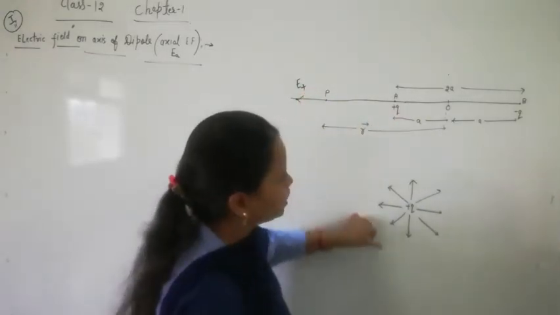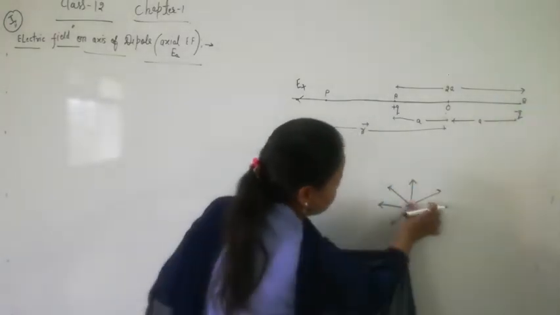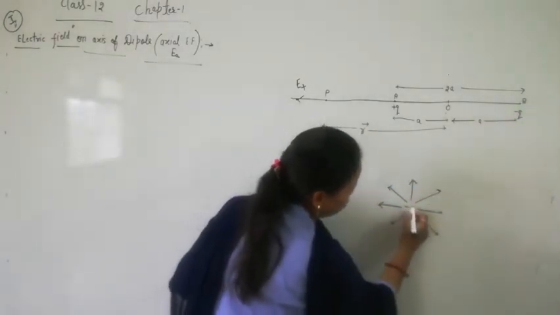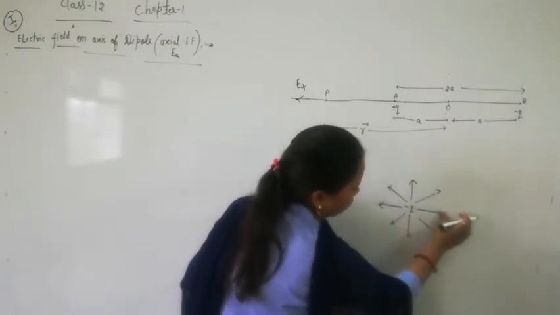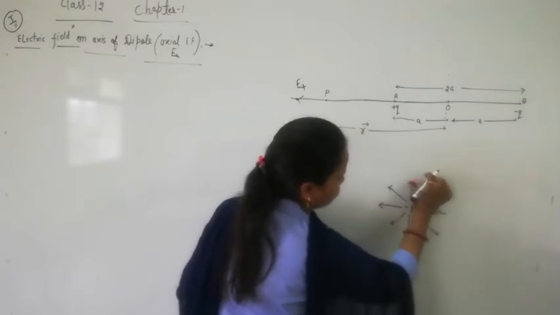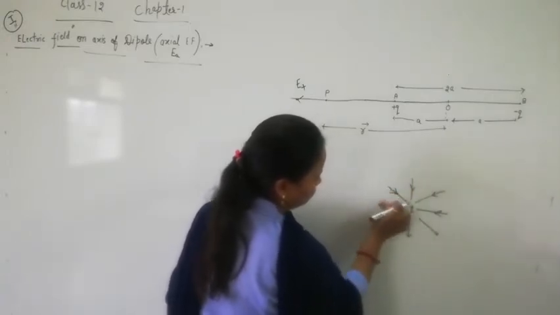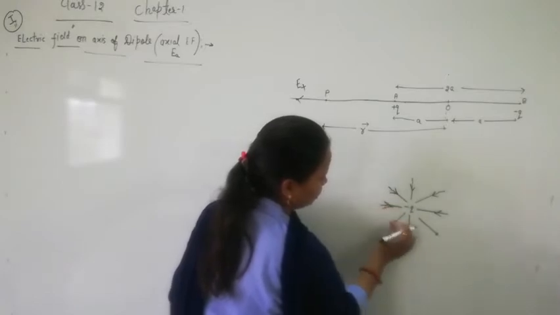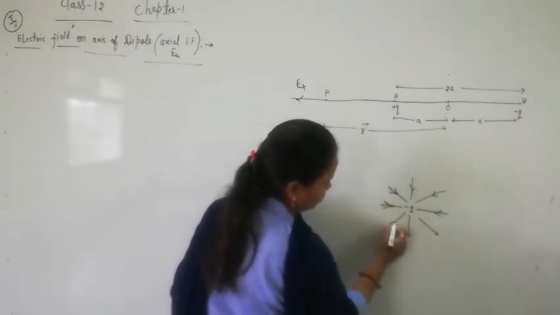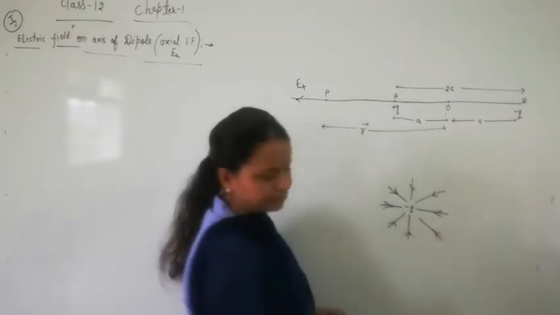And what about the direction of the electric field due to the negative point charge? Actually, the electric lines of force due to a negative point charge are directed inward, uniformly inside the sphere, like this. This is the direction of the electric field due to a negative charge.